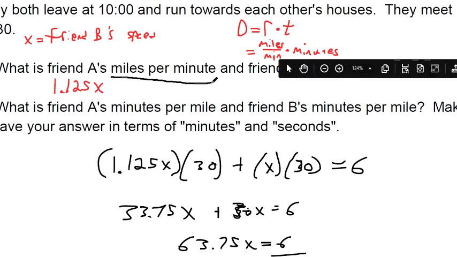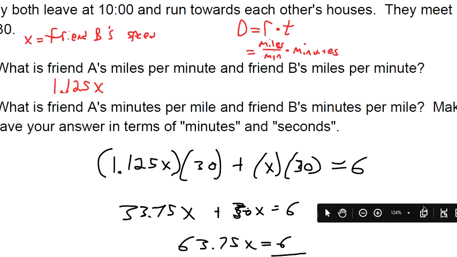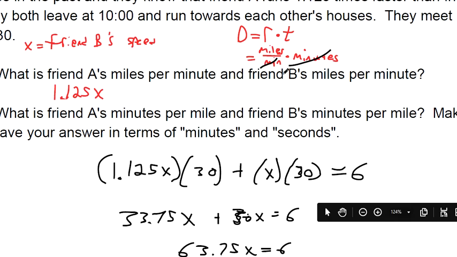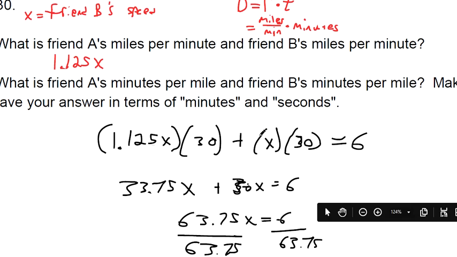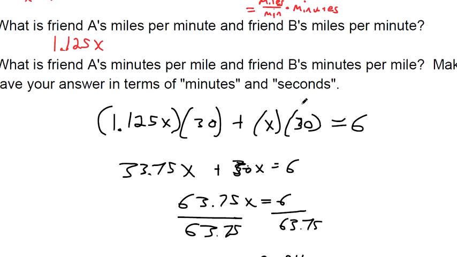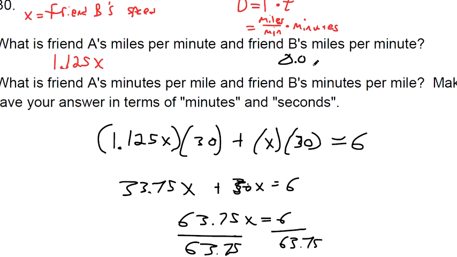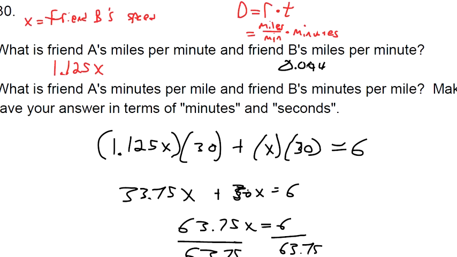Remember, that's friend B's miles per minute, like we set up above here. When you said that the rate is going to be miles per minute, that way these units cross cancel. Okay, so that's friend B, 0.094 miles per minute. And that makes sense, right? After 1 minute, you shouldn't travel a whole mile. This is a fraction of a mile that's traveled.